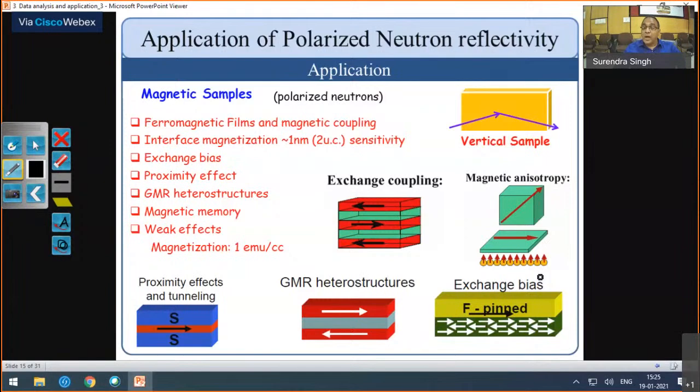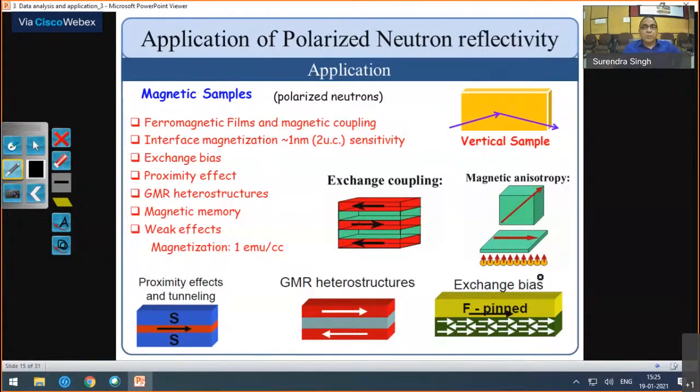In GMR material you also have both parallel and anti-parallel coupling between two ferromagnetic layers separated by a non-magnetic layer. This has wide application in memory devices. And then there are proximity effects when you make a superconductor and ferromagnet heterostructure.